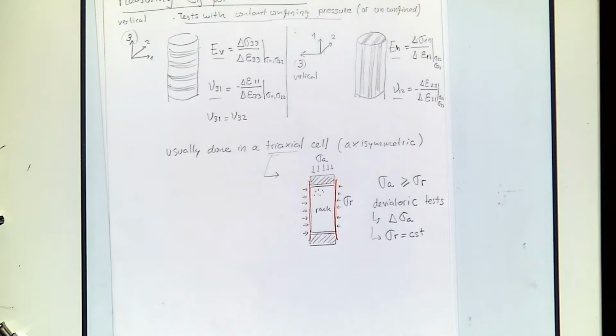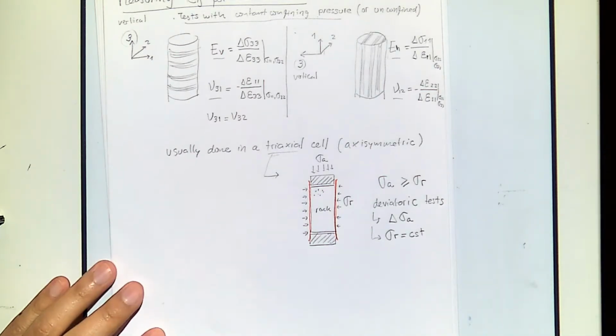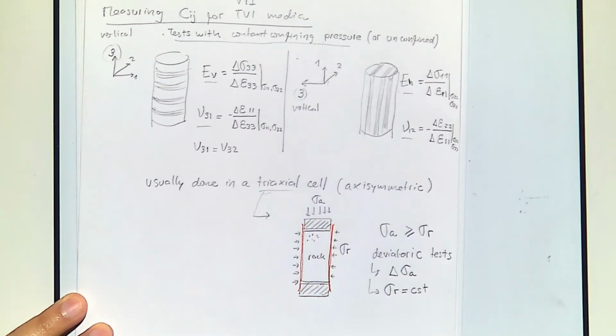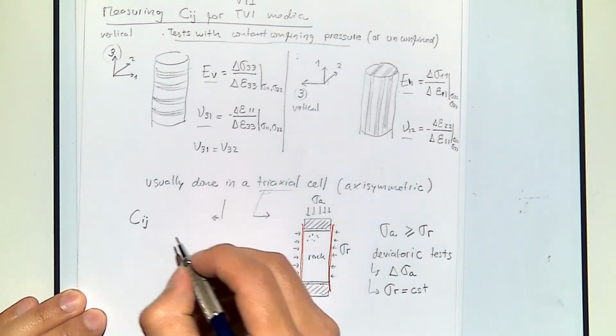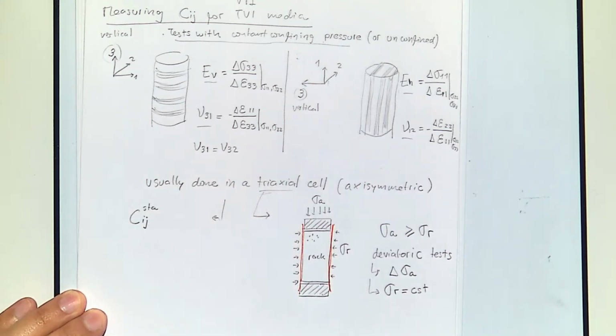In this case, you probably cannot see how we measure strains on the sides, but this machine is not designed to do that. Downstairs, we have another one that allows you to measure strains on the sides. Okay, so we have solved one part of the problem, which is what we're going to call the coefficients Cij, but the static coefficients.